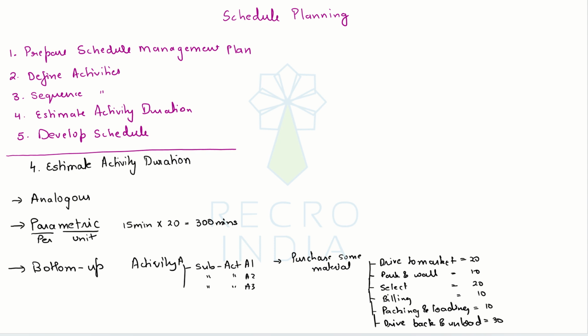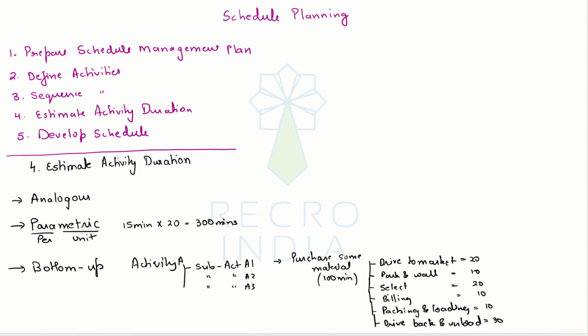So I can say, okay, 30, 40, 50, 60, 70, 80, 90, 100. So purchasing some material will require 100 minutes of duration. However, this is going to be time consuming, but of course it's going to be accurate also.